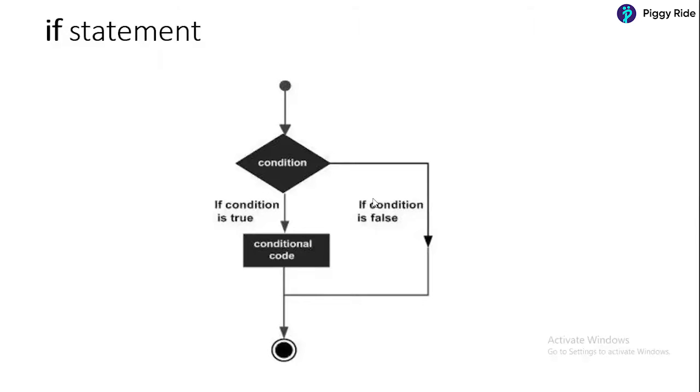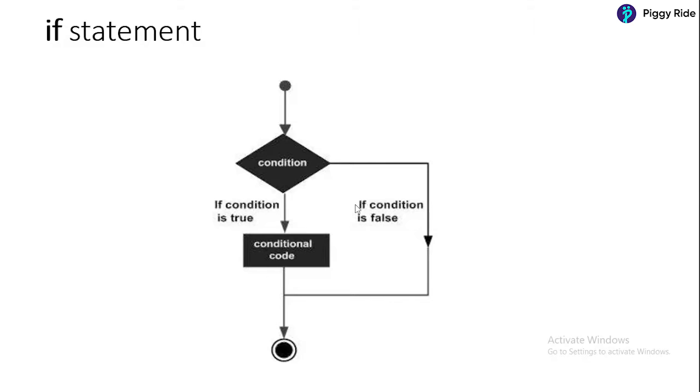Correct? Yes, sir. So for example, if Asad is a very good student, he is going to play cricket. Otherwise, he is going to play football. Right? Yes, sir. And when I say otherwise, it will come under the else statement, correct?